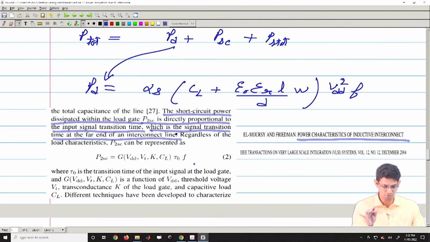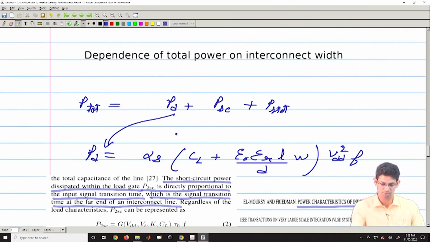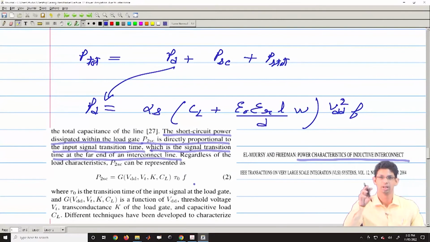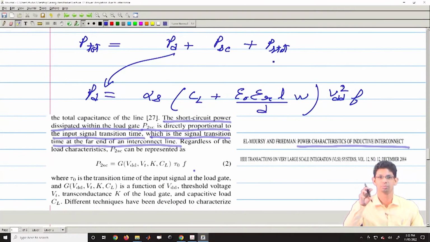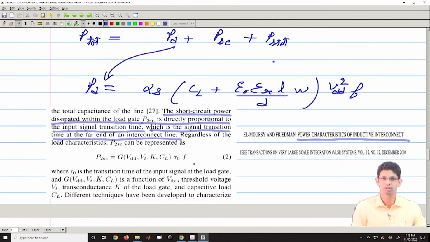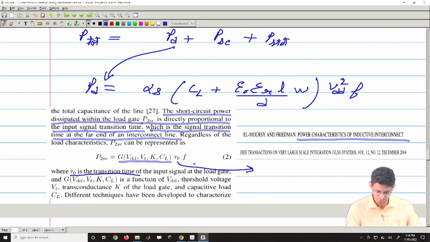Depending on the characteristics of your particular load device, the exact expression is going to change. But regardless of the load characteristics, PSC can be represented as some function of VDD, VT, CL and other things, and T naught. Your T naught is the transition time, which I was writing as TR.